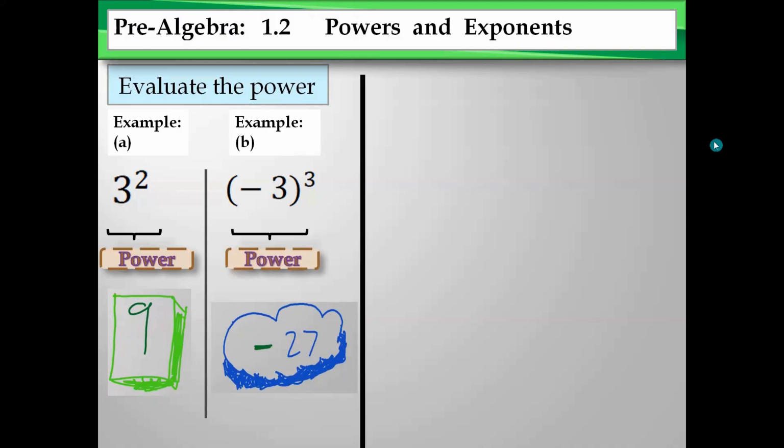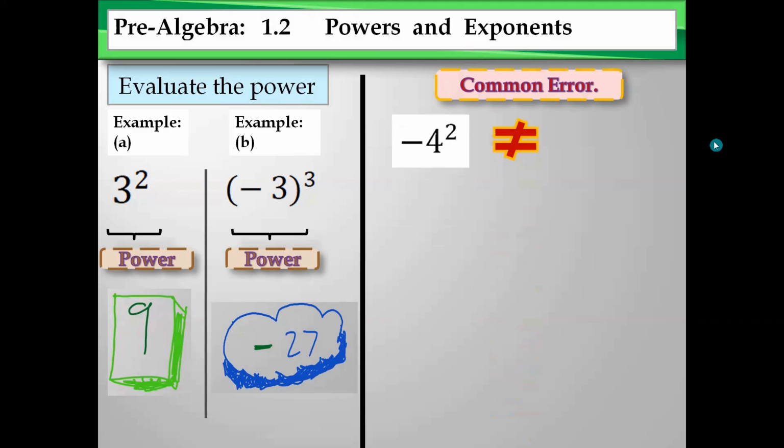What we want to do now is look at one of the most common errors involving powers and exponents. On the left, we have negative 4 to the power of 2. This does not equal what's on the right, where we have the quantity of negative 4 to the power of 2. Let's figure out why they are different. On the left, what this really says is that we have negative 1 times 4 times 4.